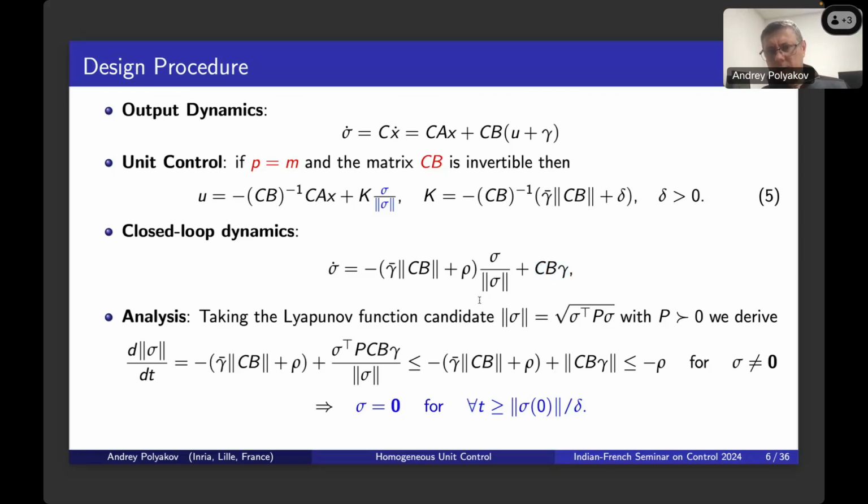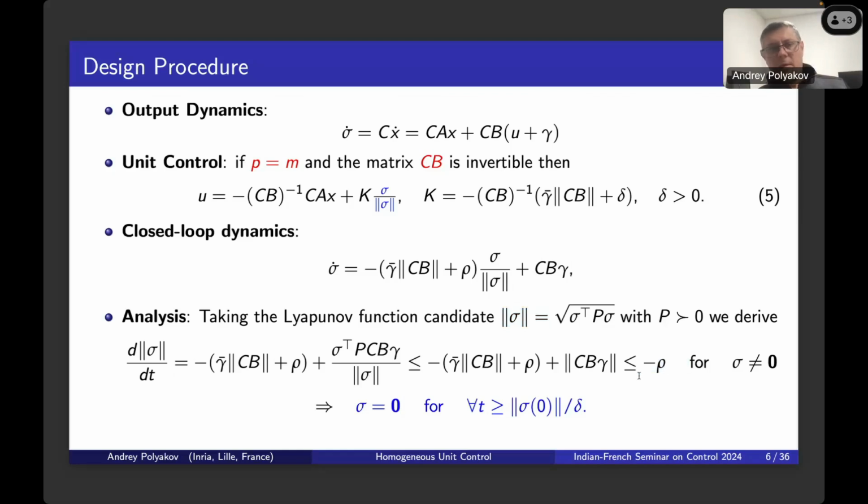We may consider the usual weighted Euclidean norm quadratic function, if you prefer, for the system, and find that calculation of the time derivative of this Lyapunov function candidate along the trajectories of the system will give us just the estimate for the derivative which guarantees finite time convergence of the state sigma to 0.